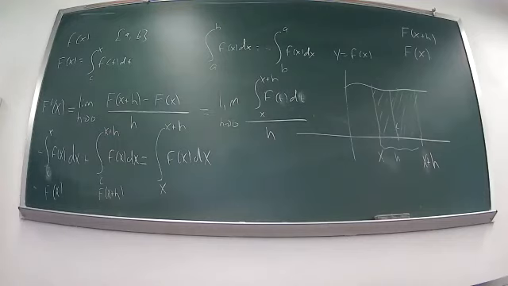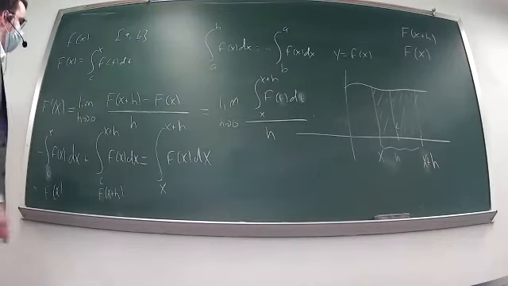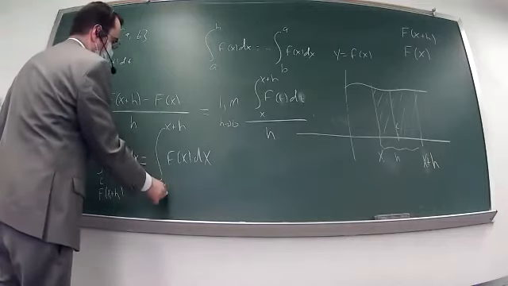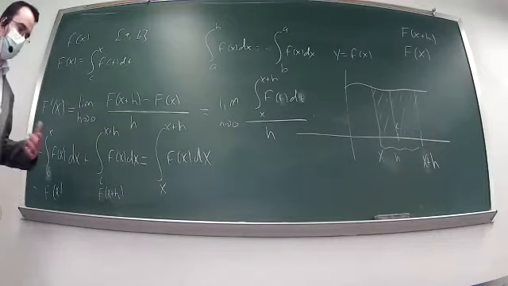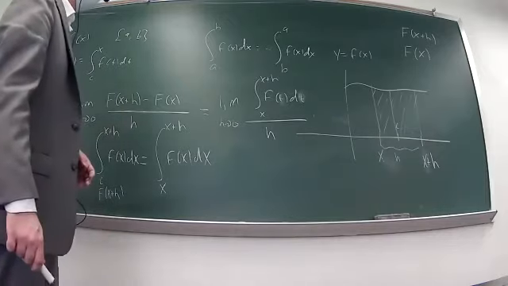It's something we set up before. It's part of our definition of integral. And therefore, that tells you that this numerator is nothing but the integral from x to x plus this very small number h.